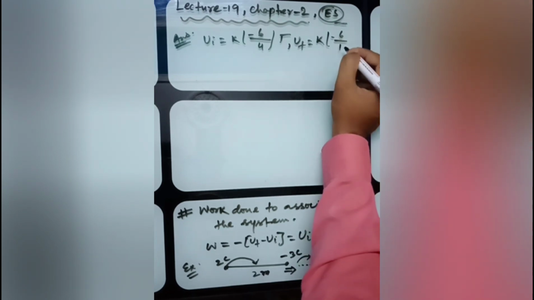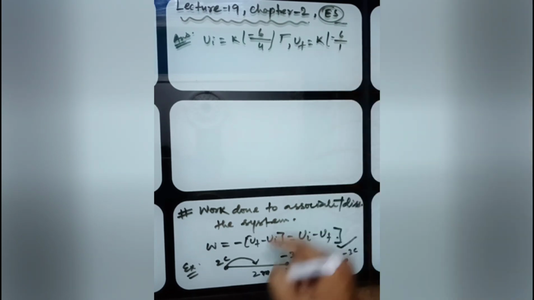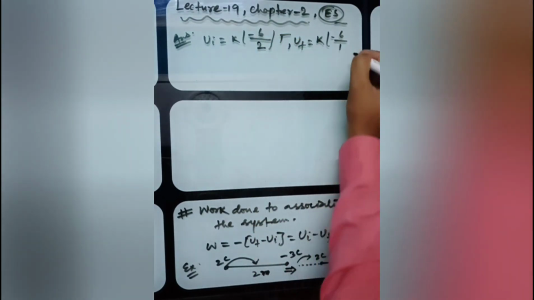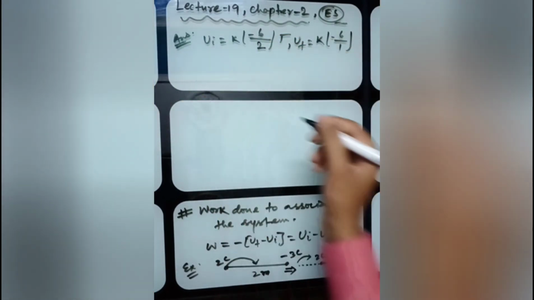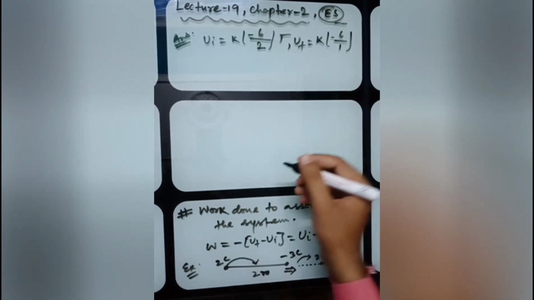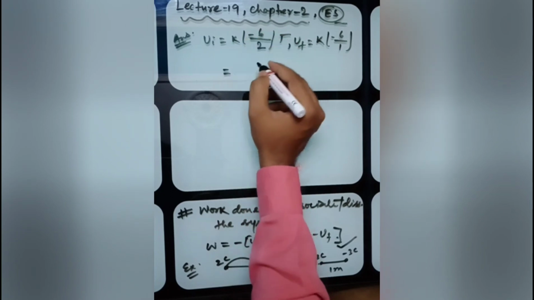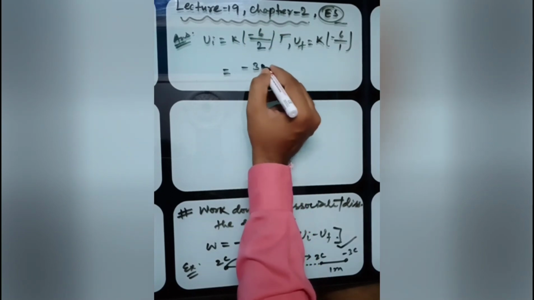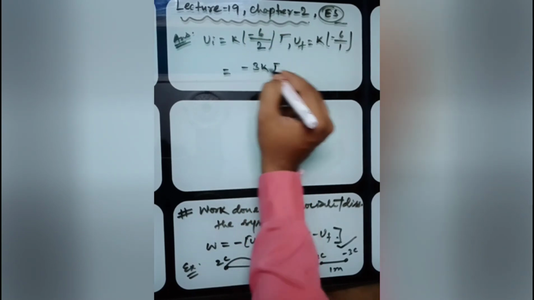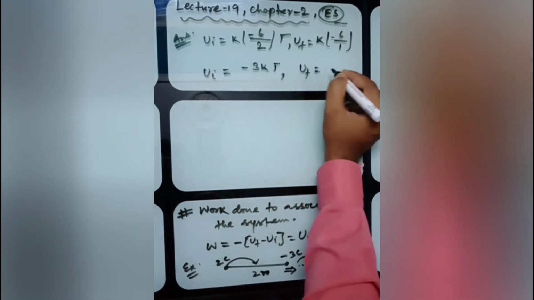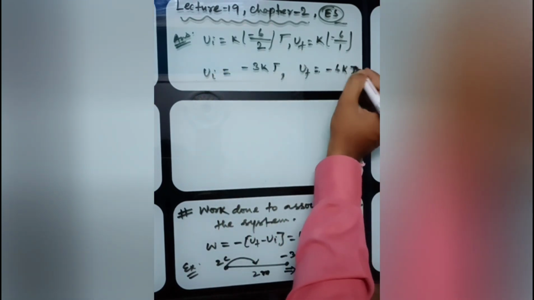Sorry, K Q1 Q2 by R, so here it is 2, and here 1 itself. Okay, so it is minus 3K joule for U initial, and U final is minus 6K joule.